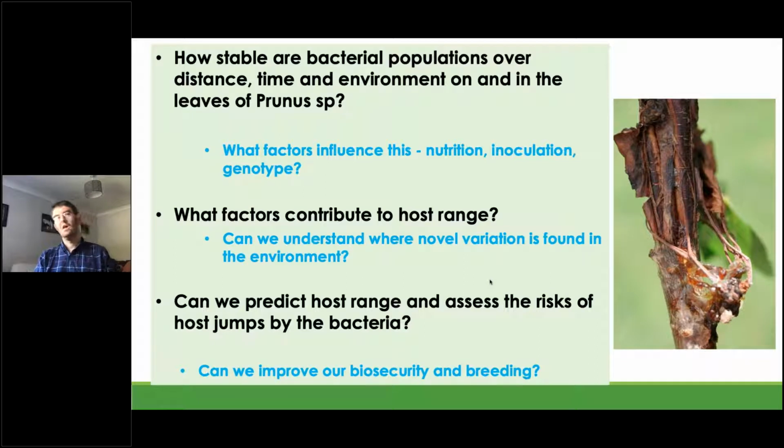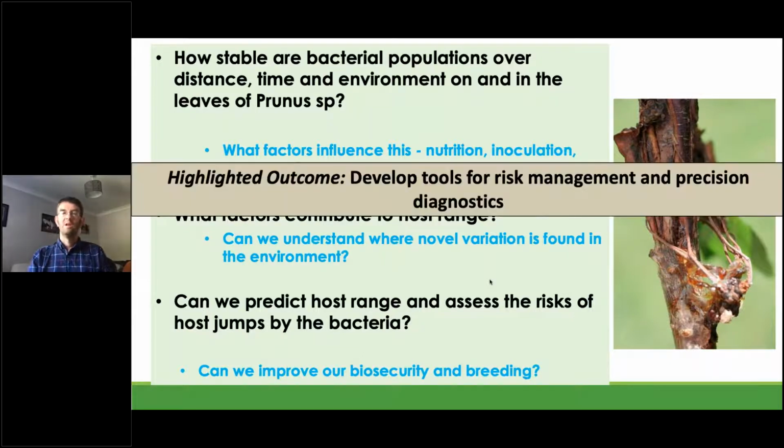As I said, it's got a large host range, so how can this be extended to influence other systems as well. So ultimately the project will develop tools for the risk management and precision diagnostics of Pseudomonas infections.